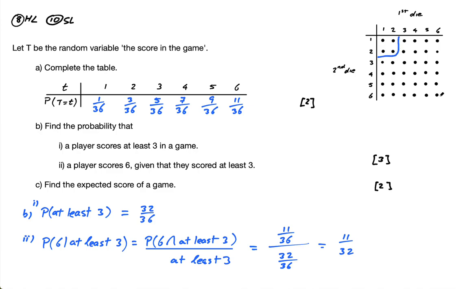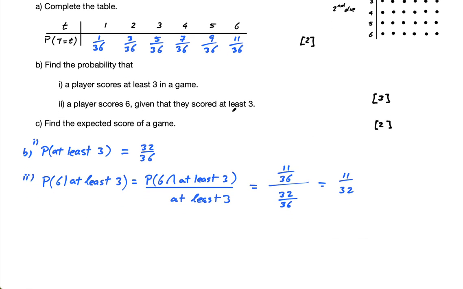It's saying given now one of these has happened, so there's now only 32 outcomes available, and out of these 32 outcomes, how many have a 6 in it? Well, there's 1, 2, 3, 4, 5, 6, 7, 8, 9, 10, 11. So it's 11 out of these 32. So that's another way to think of it.